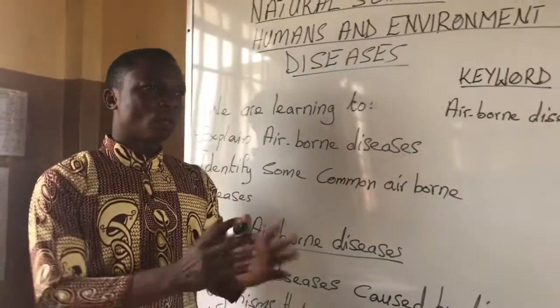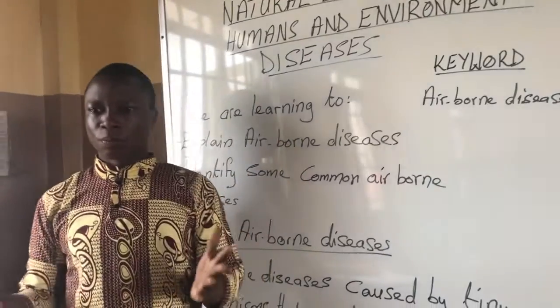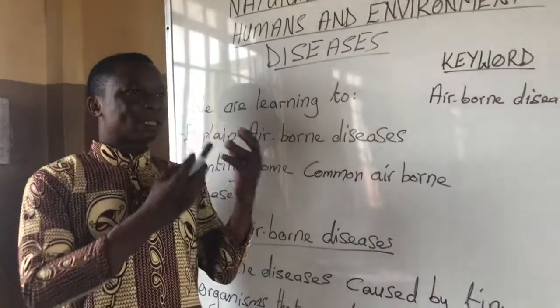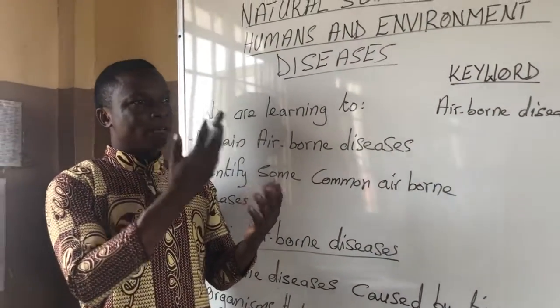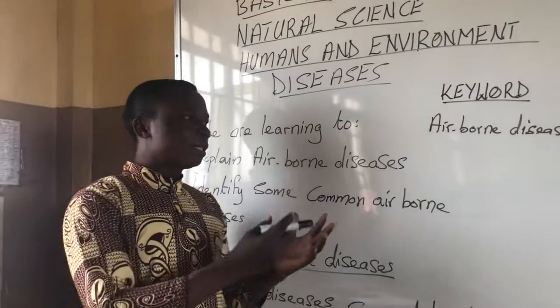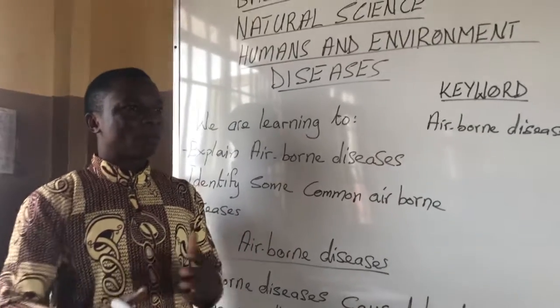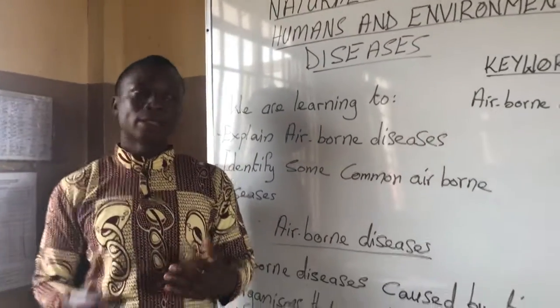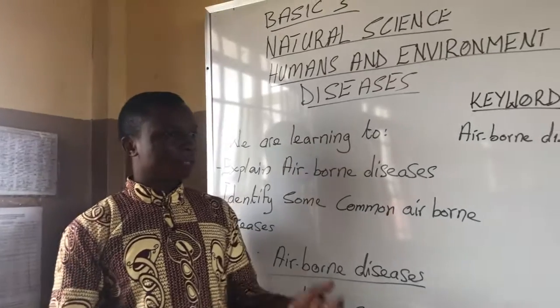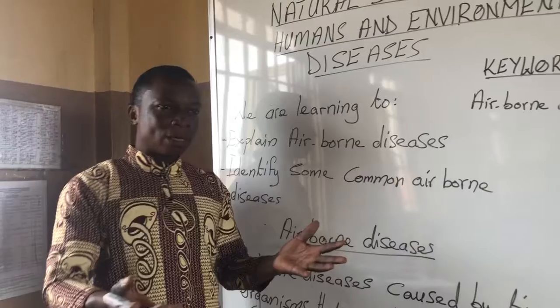Now, when you cough, for instance, if somebody is coughing at home, you realize that air is coming out, saliva too is coming out sometimes. So airborne disease is transmitted through some of these channels: coughing, sneezing, laughing, talking. I can be talking before you realize saliva will come out.